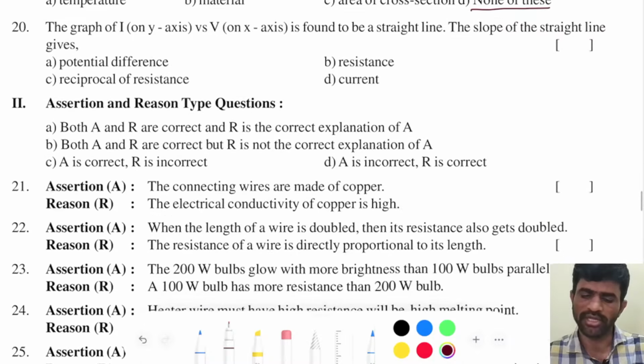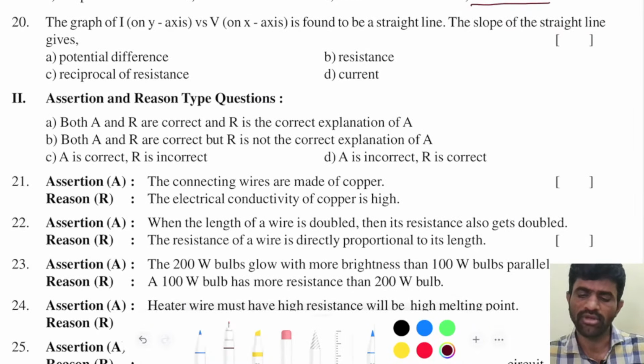Now question number 20. The graph of I on the y-axis and V on the x-axis is found to be a straight line. What does the slope of the line give? The graph is given like this, with I on the y-axis and V on the x-axis.